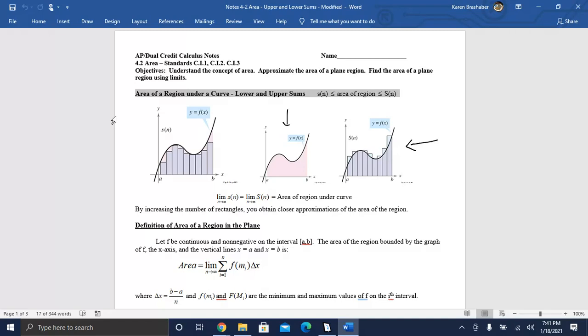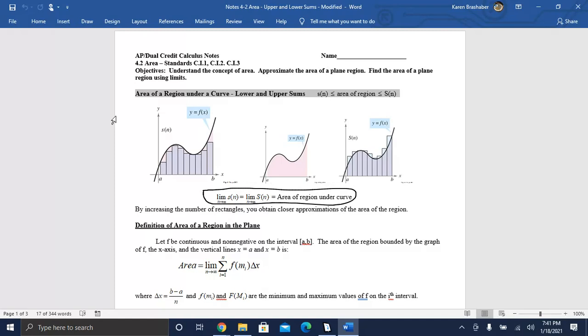And so what happens with integration, as you find with all things in calculus, is that if we take the limit, making the number of rectangles that are drawn go to infinity, then the underestimate and the overestimate would actually become the area of the region under the curve.